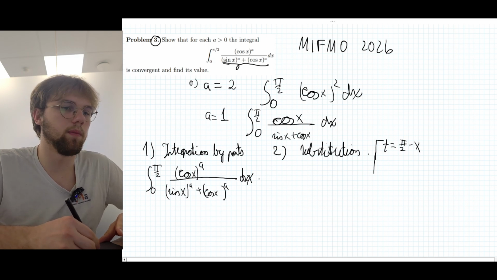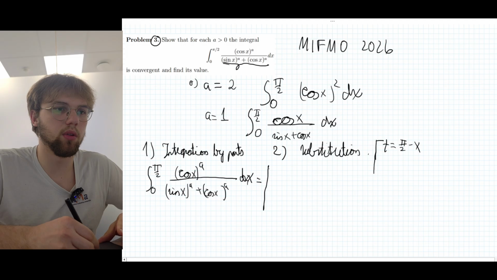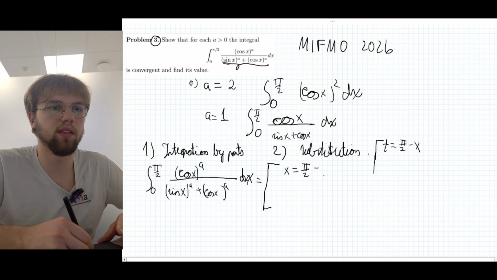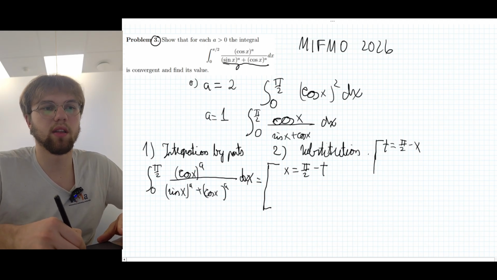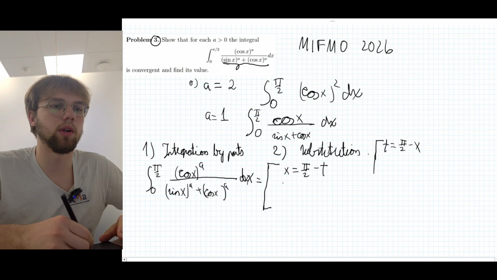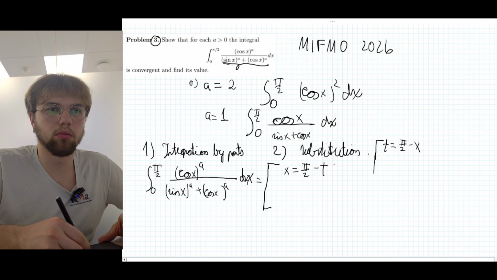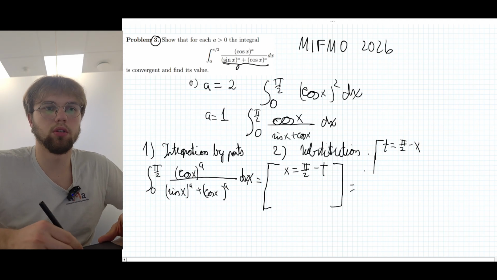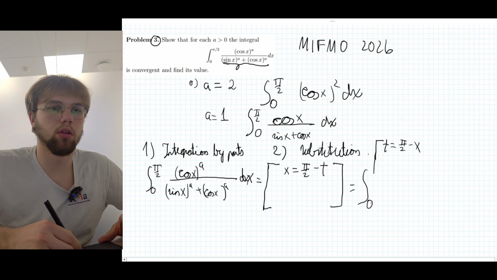So I'll just do this substitution here. What you do is let x be pi over 2 minus t. Because these are the same things, right? You just move these two around.